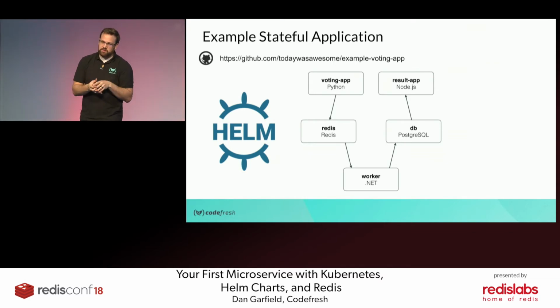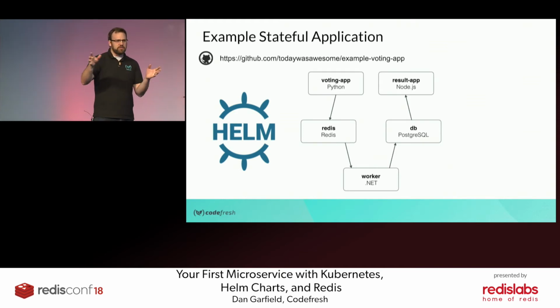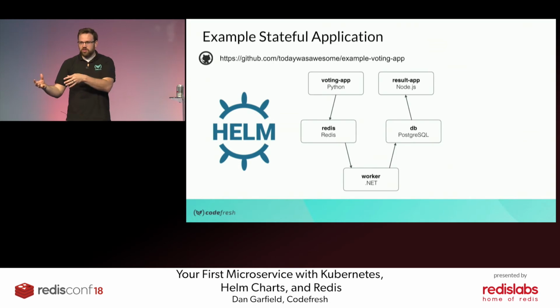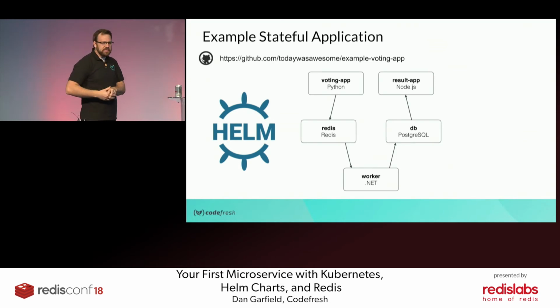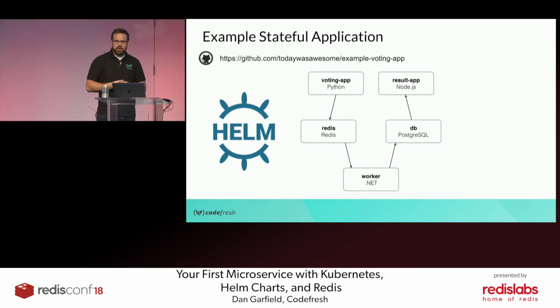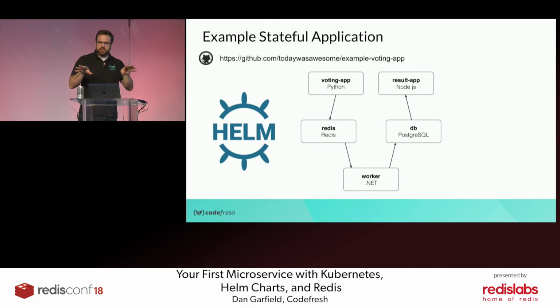So I can't speak with even a moderate degree of certainty, and I'm sorry I can't answer the question. Just to repeat, in case everybody didn't hear, the question was, does the OpenShift Management Console cover the use case of Helm? My sentiment is that it doesn't, but I'm not entirely sure because I don't have experience with it. Yeah, good question. Any other questions before I move forward with the Helm stuff?